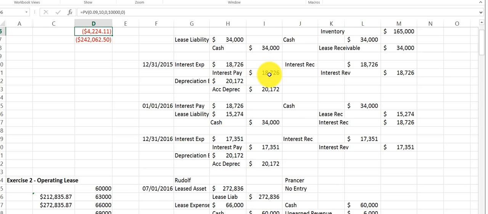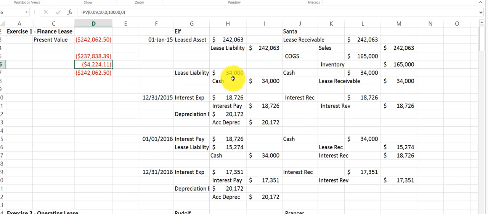Record interest on the amount of the lease liability minus the first payment is going to give us your interest expense for the period, 9% again. As a mirror image for the lessor, they record the interest receivable and interest revenue. So interest expense for the lessee, interest revenue, receivable, payable.